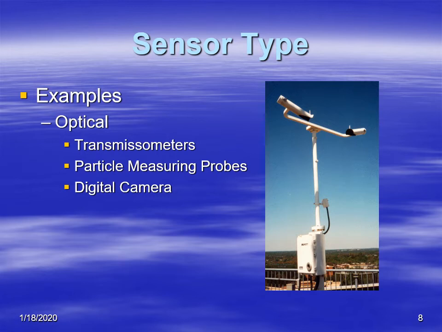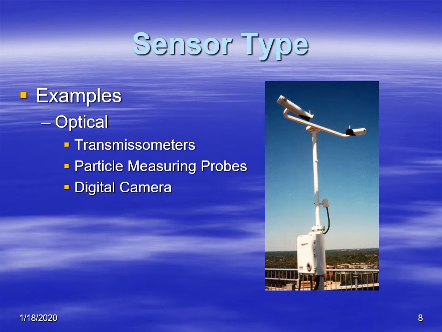Optical sensors are ones that use optical principles. A lot of people get confused with this. They think that if you're reading a display, such as looking at a liquid and glass thermometer or a rain gauge, that makes it optical. That's not the case. Optical means that it uses optical principles to measure some meteorological parameter.